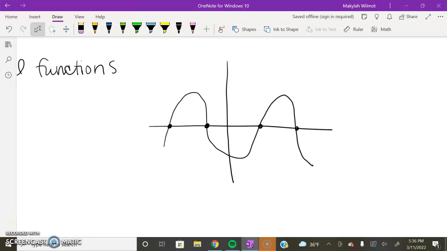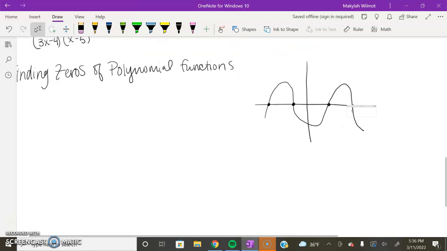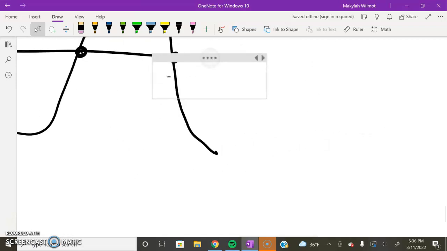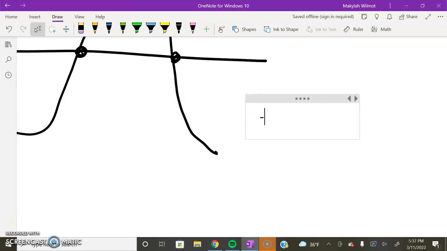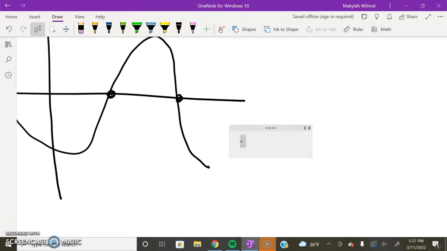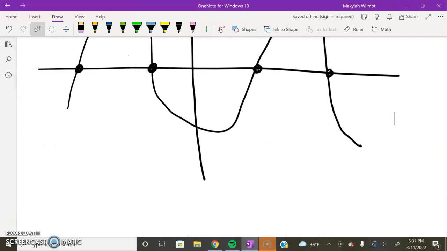So these right there are going to be what your polynomial functions are. Oh, that's why. How do I get rid of that? I don't know how to get rid of that. Oh, delete. Okay, there we go. Cool. Now I can probably change colors.